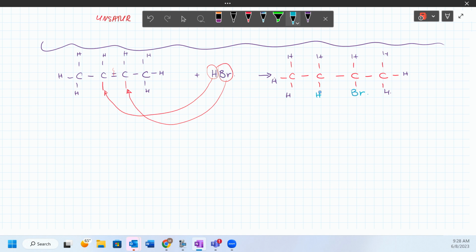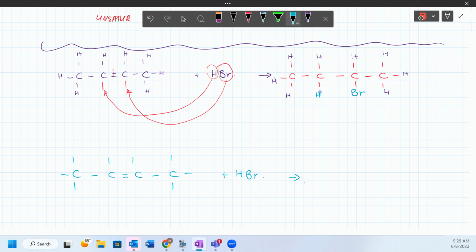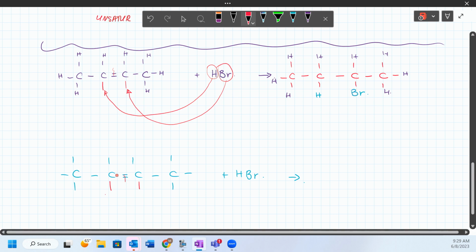However, when we have this, I will draw it again so that we can see it. And then we break this bond here, making available 2 other bonds. Then instead of Br going to the 3rd carbon, now I make it go to the 2nd carbon. So this H goes here and this Br goes here.